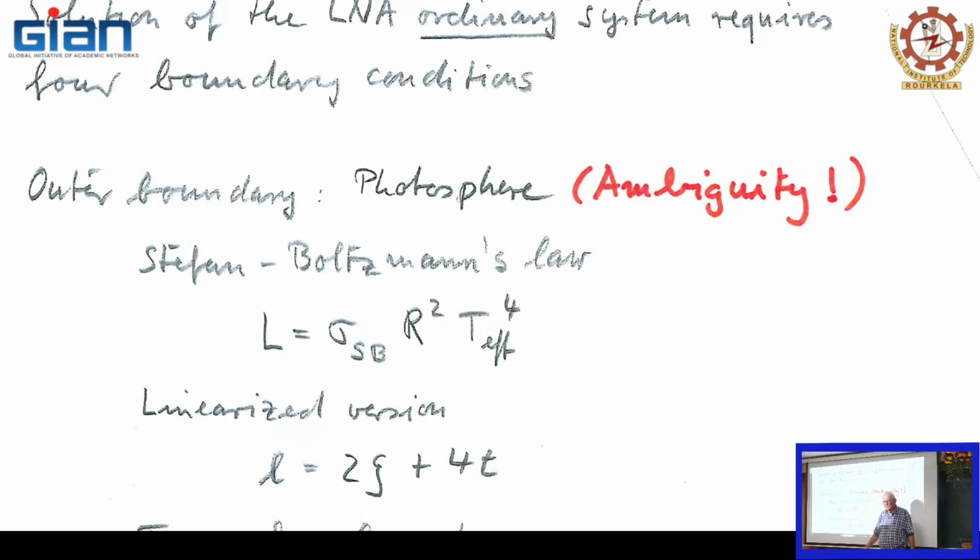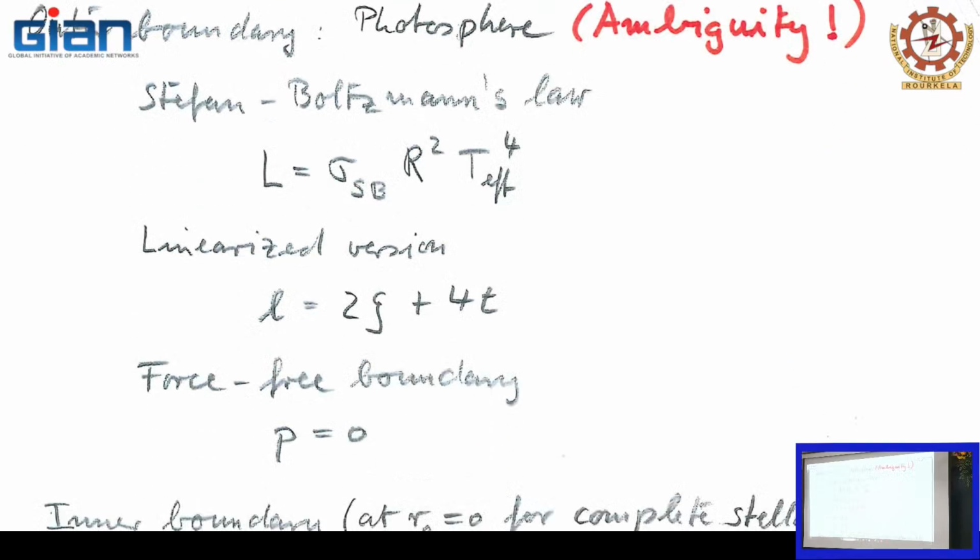If we linearize this boundary condition, this gives us that the relative luminosity perturbation is 2 times the relative Lagrangian displacement plus 4 times the relative Lagrangian perturbation of the temperature.